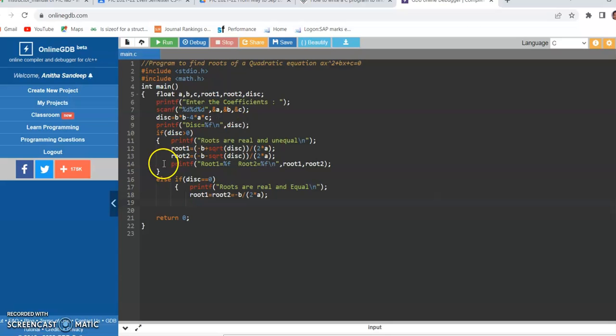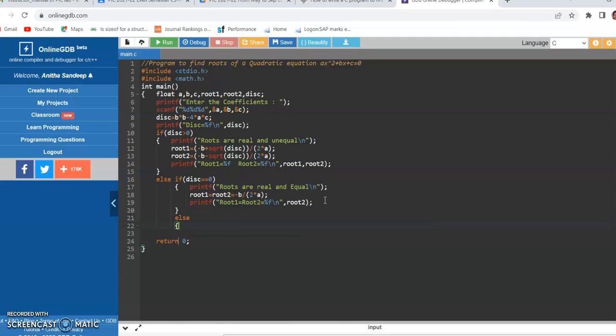And you have to print the roots. Root 1 as well as root 2, both are same. Anyone you can pass as the argument. So this is the second case where the discriminant is equal to 0.